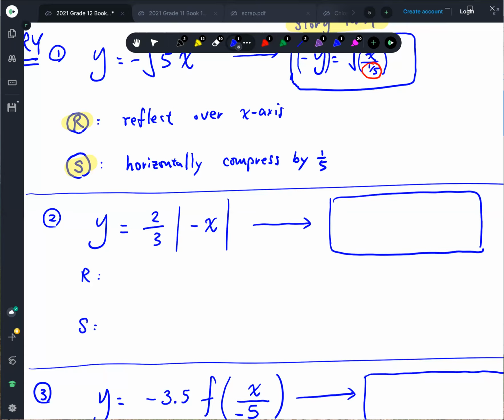When you are talking about the S, please ignore the negative sign.